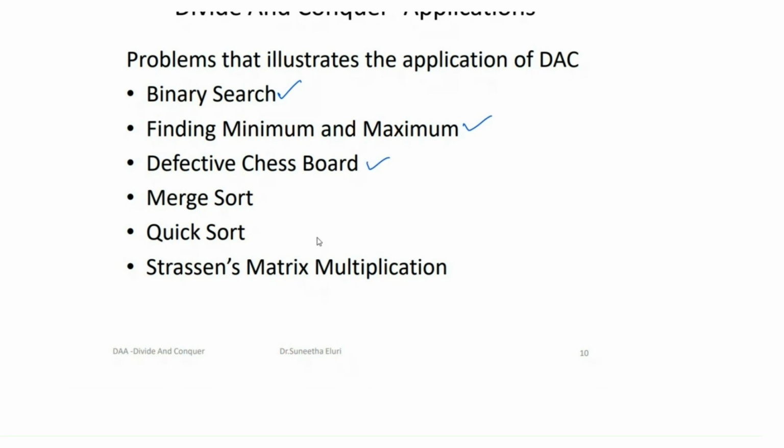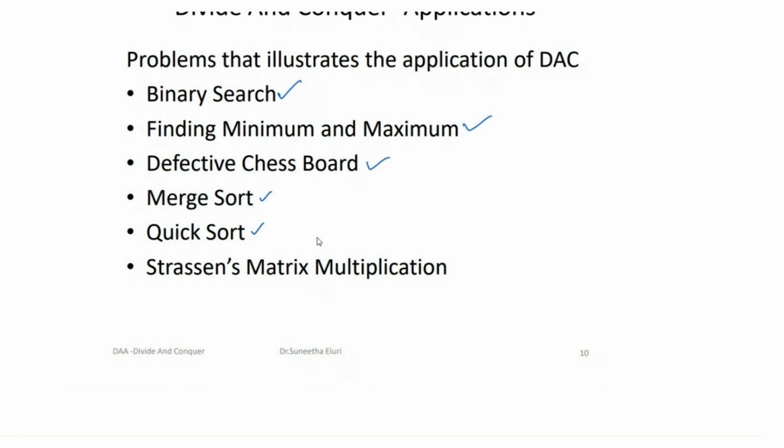So merge sort is usually called external sorting because it is using an auxiliary memory to sort the given list of elements, and the other one is the in-place sorting or internal sorting. It just uses the memory we have given as input to sort the elements without using any temporary memory. So hence quicksort is called an internal sorting.